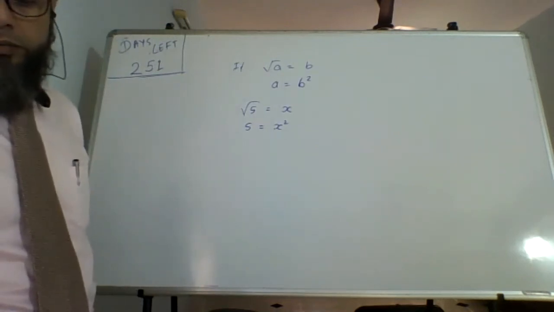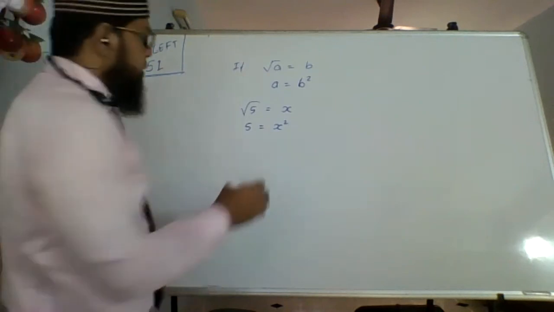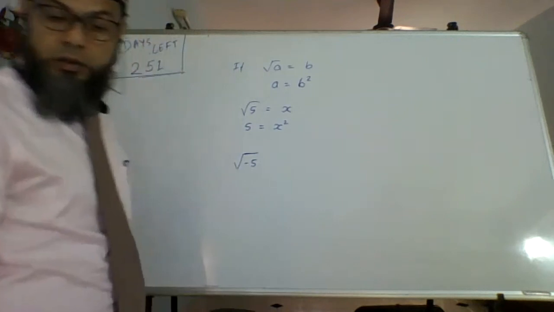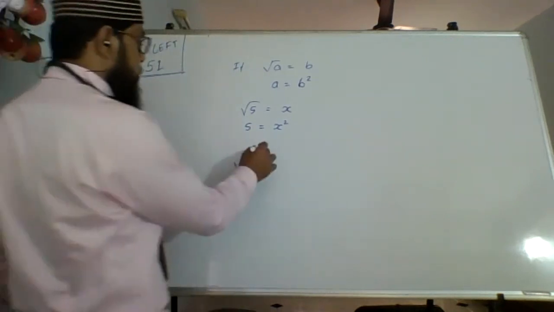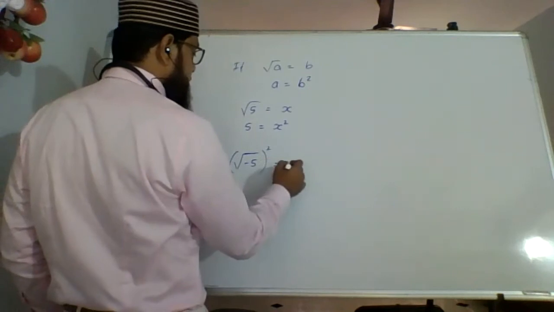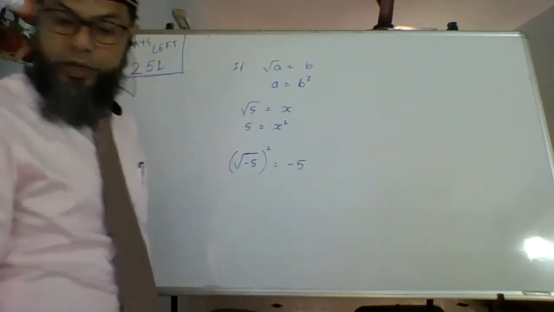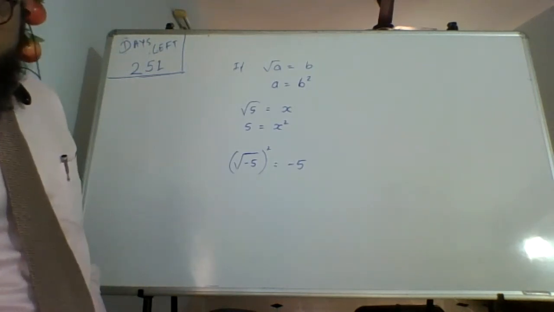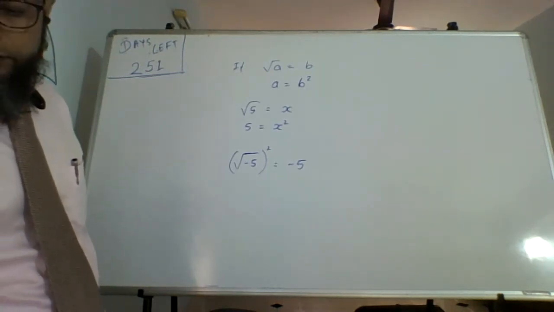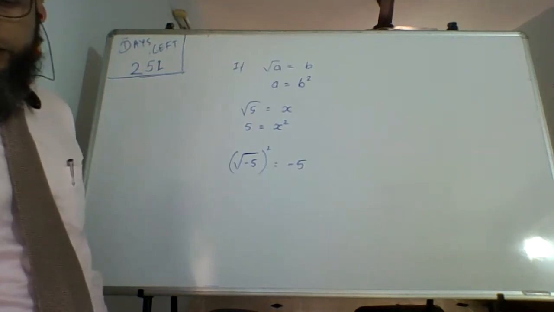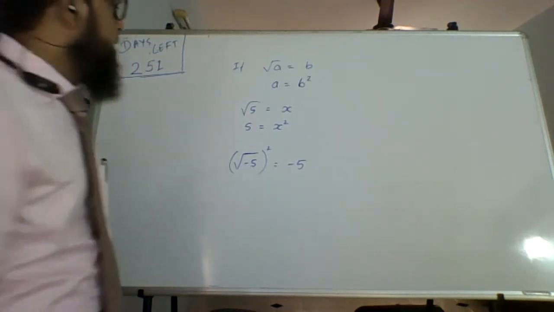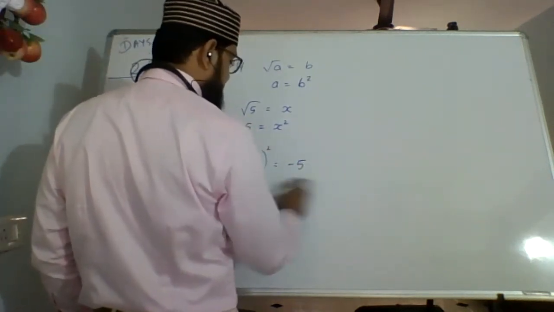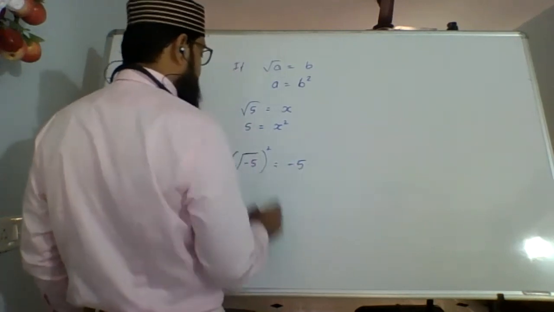Now, what about square root of -5? Square root of -5, the whole square, would give me -5. But that is not possible. Why? Because square root of any number, if I multiply it by itself, I should get the same number.